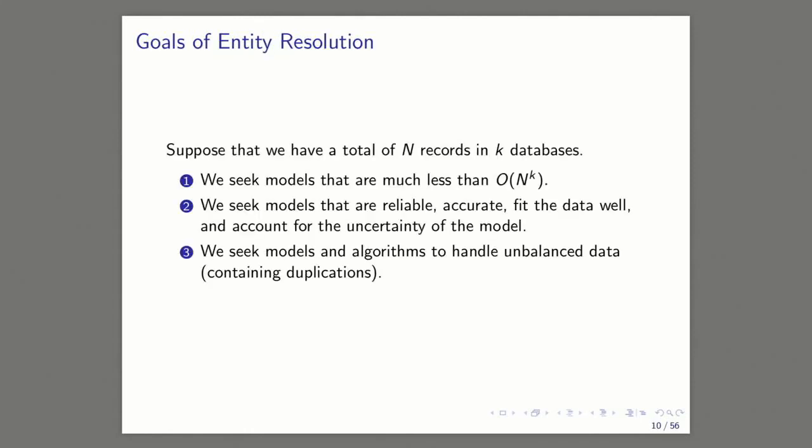So let's suppose that we have a total of n records and a total of k databases. We'd like to seek models that are much less than big O n to the k. For a lot of us, this might just be quadratic, but what I'm considering is that I want to look at the entire space because I want to propagate the uncertainty to some type of downstream task.